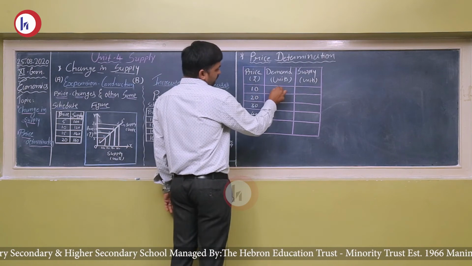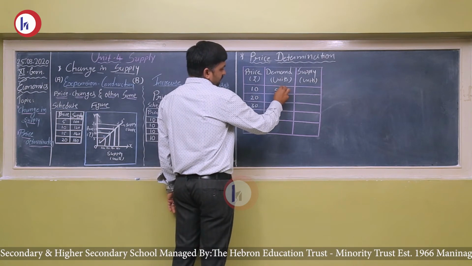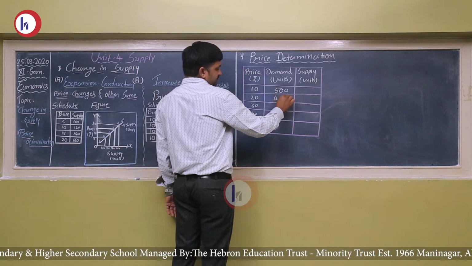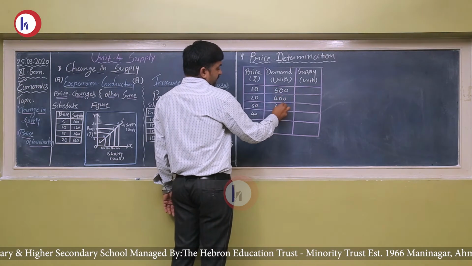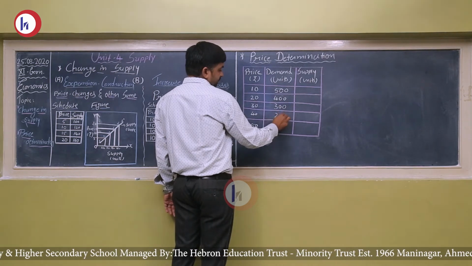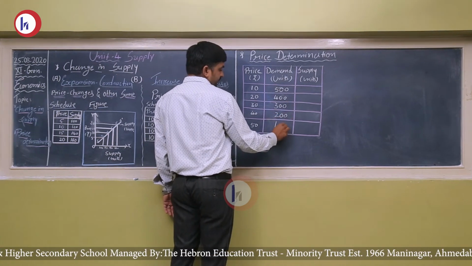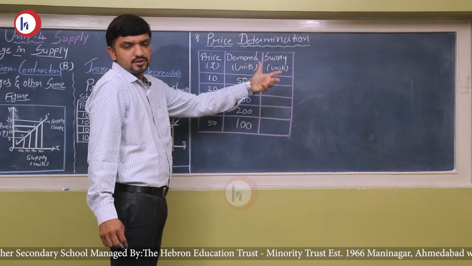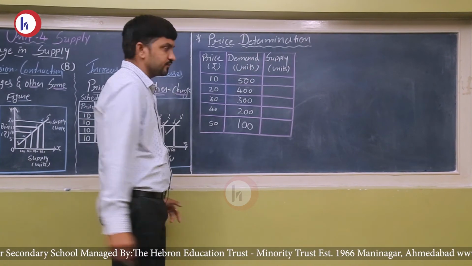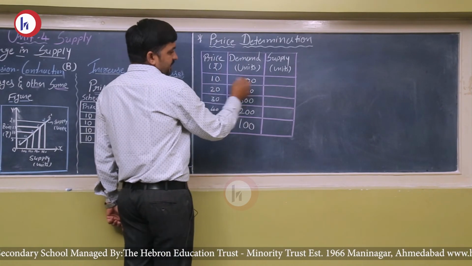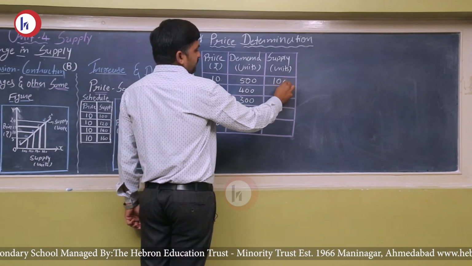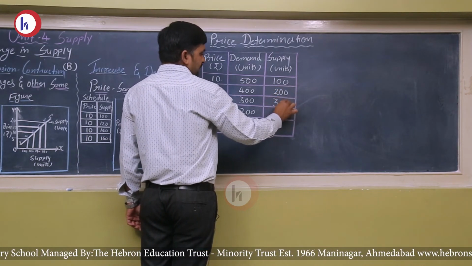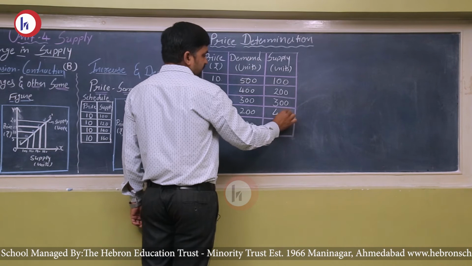When the price of the commodity was 10, quantity demanded was 500, then as price rises, demand contracts. And in case of supply, as the relation is linear, at price 10, quantity supplied was 100, and with a rise in price, supply expands.